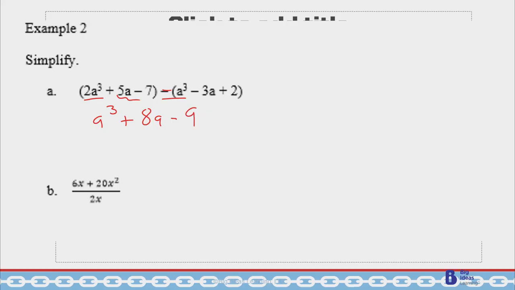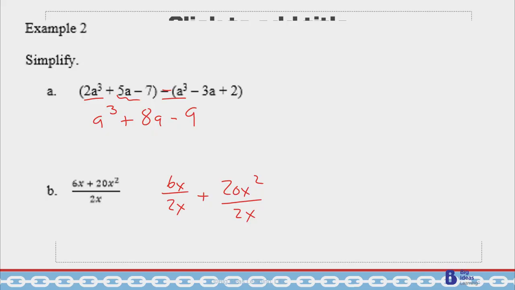For part B, 6x plus 20x squared all over 2x. So what we can do is basically break this out into 6x over 2x plus 20x squared over 2x, and then simplify, right?